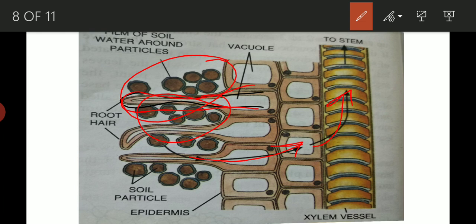From one cell to another cell, the water is continuously carried on. This is the ascent of sap, we can say. Due to this root pressure, the water is moving up from the roots to the leaves.